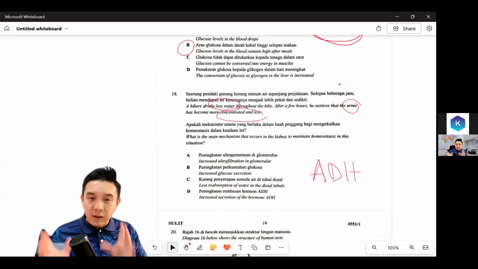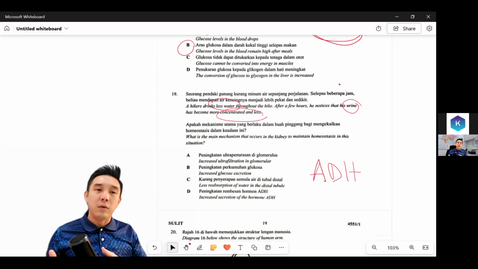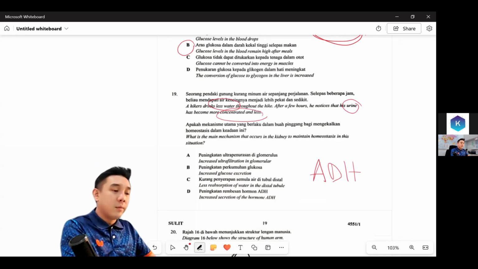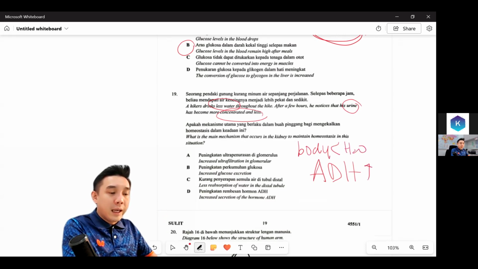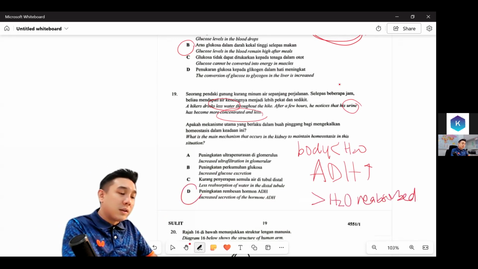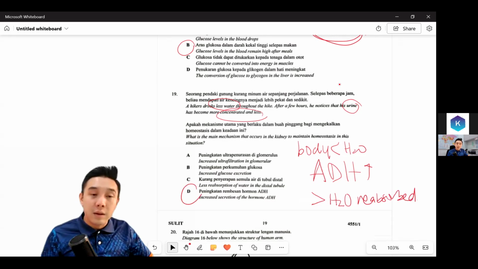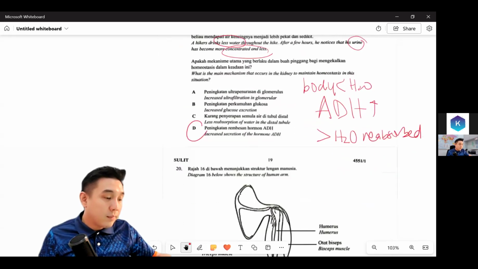So common sense, if your body lacks water, more ADH is released, more water is reabsorbed. So that's why urine is concentrated. So that's why the answer for 19 is D.